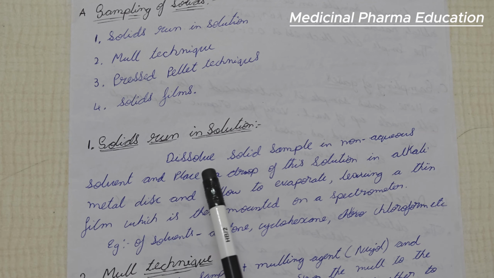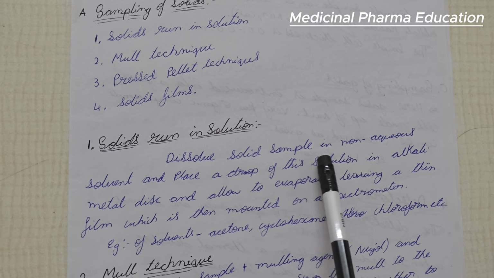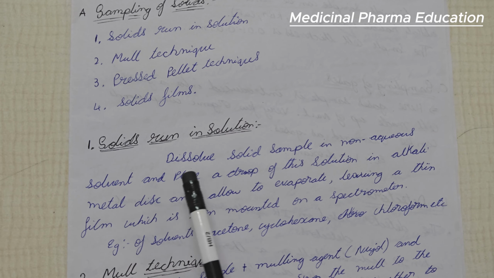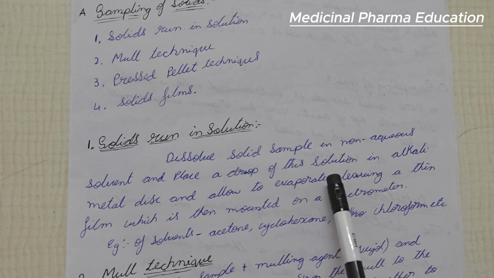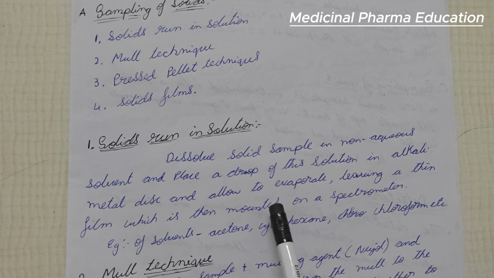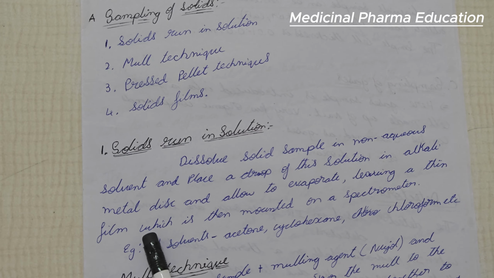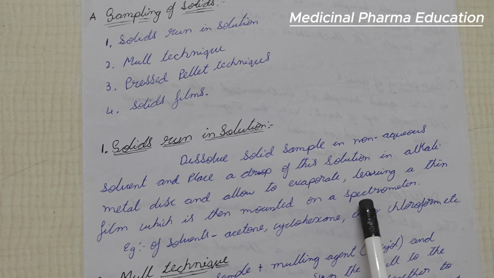Firstly, the dissolved solid sample. The solid sample is dissolved in a non-aqueous solvent. A drop of the solution is placed on an alkali metal disc and allowed to evaporate, leaving a thin film which is mounted on the spectrometer.